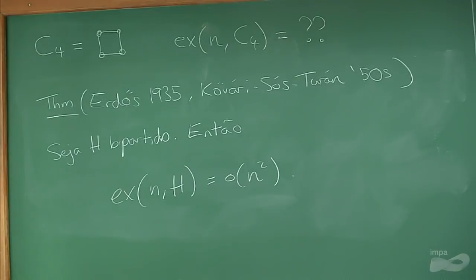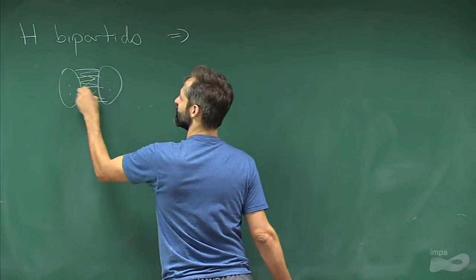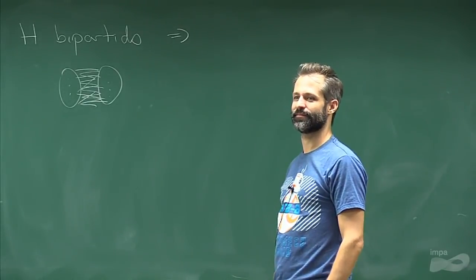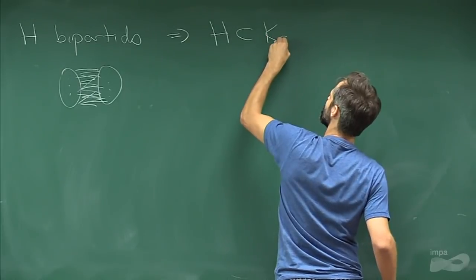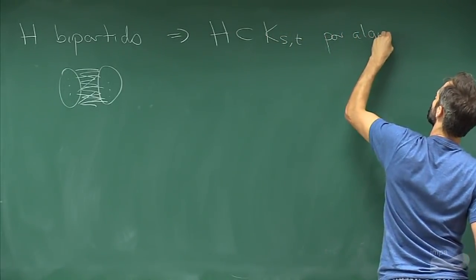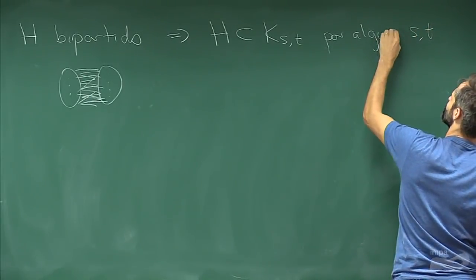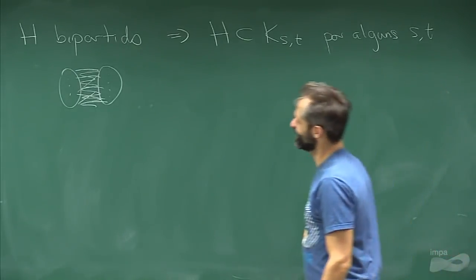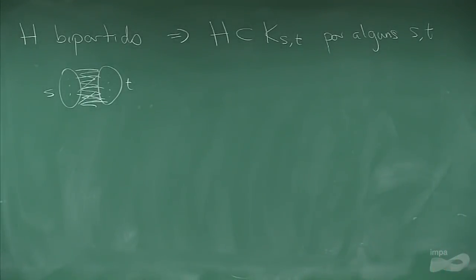There are two parts, and the edges go across. In particular, H is contained in the graph KST, with S vertices here and T here.